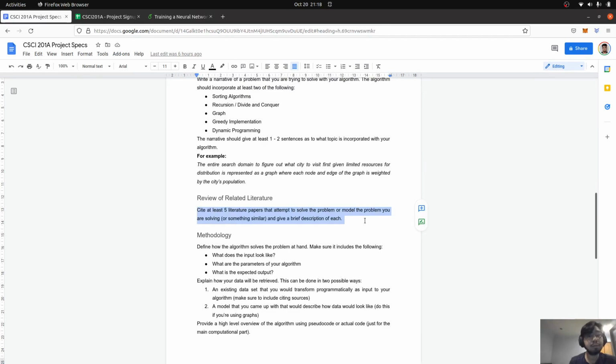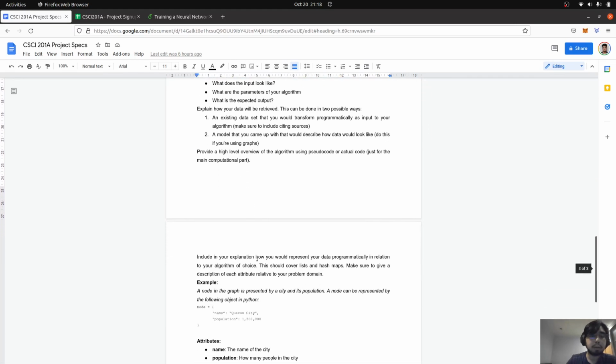Again, it doesn't have to be about solving the domain problem, such as figuring out which city to hop on next, but rather how a related paper relates to the algorithm that you are implementing, even if it's just a part of it. So just cite 5 of those and then give a short explanation about it.